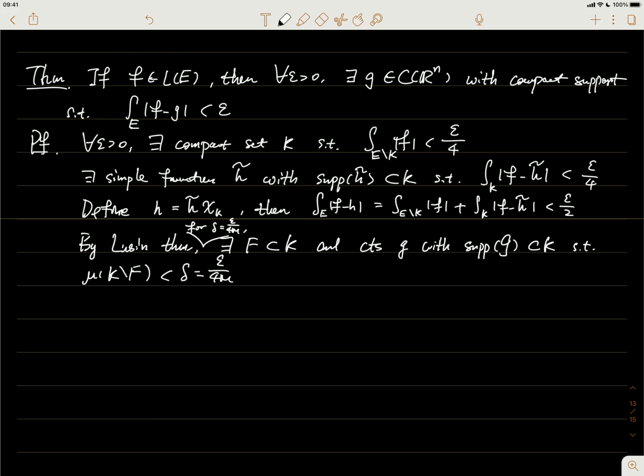if the function h is measurable, then it is almost continuous, meaning that except for a very small set, the function h is continuous. And we just see that the continuous part matches the continuous function g.